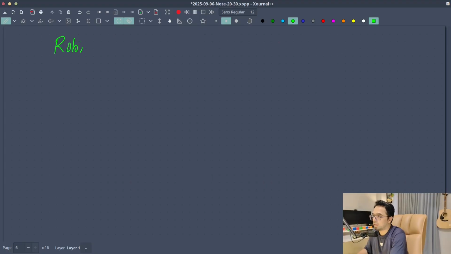Robin boundary condition. And by now you must have guessed how to deal with this, because this is going to be a combination of Dirichlet and Neumann boundary condition.